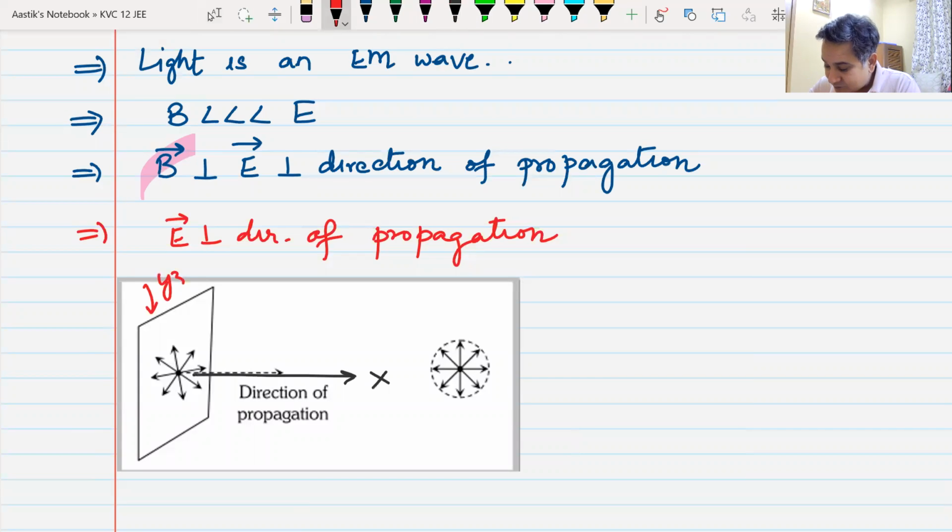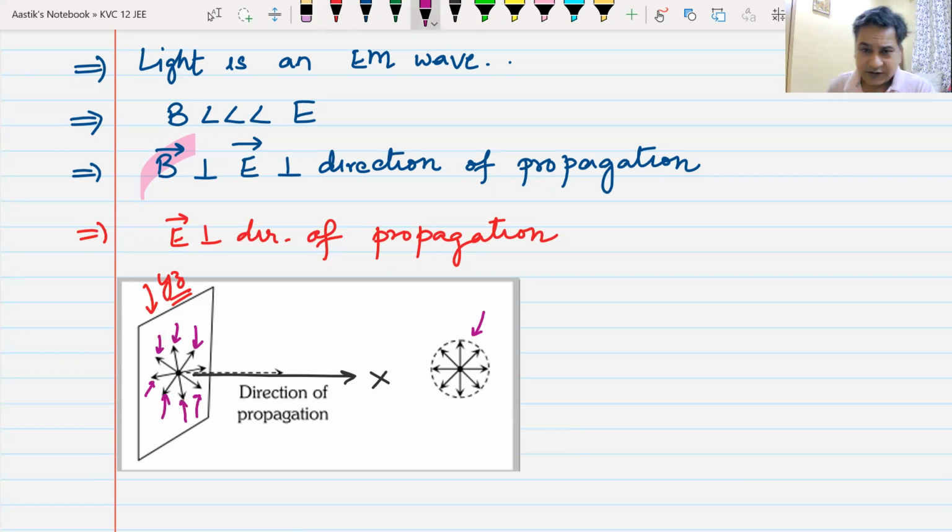Do we understand this? It is perpendicular to x-axis. Electric field has to be perpendicular to x-axis, so it can be anywhere on the YZ plane. If light is propagating like this, this is the YZ plane. Electric field can be anywhere on this YZ plane. So these are the random directions of electric field vector. It could be anywhere on this YZ plane. This is how we describe it.